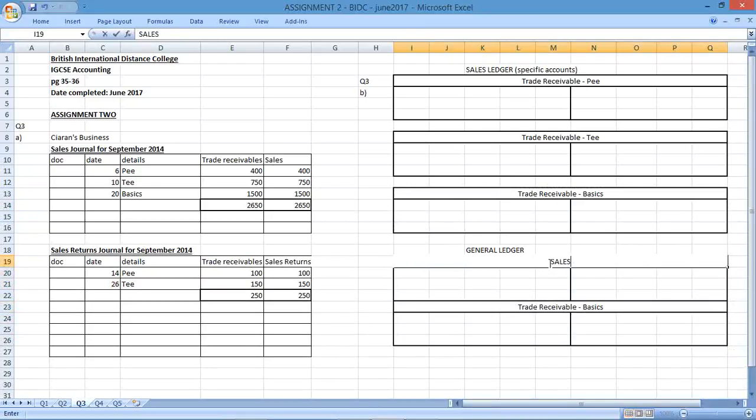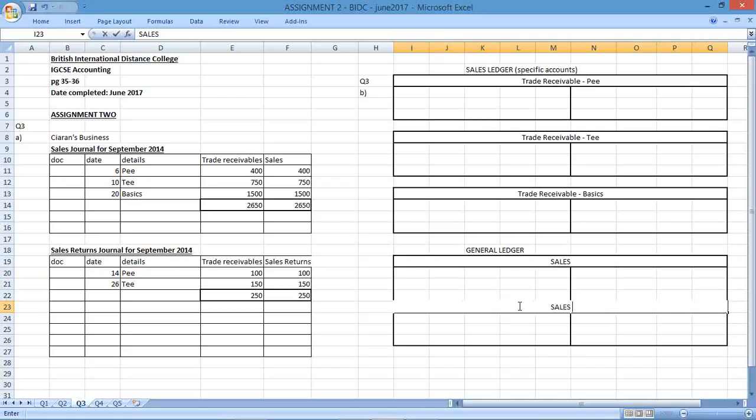One for sales and one for sales returns. And that's B. Question 3B is asking you to draw up those T accounts.